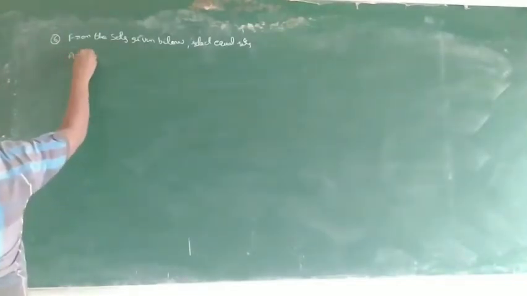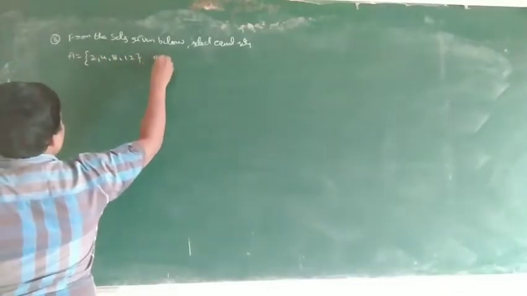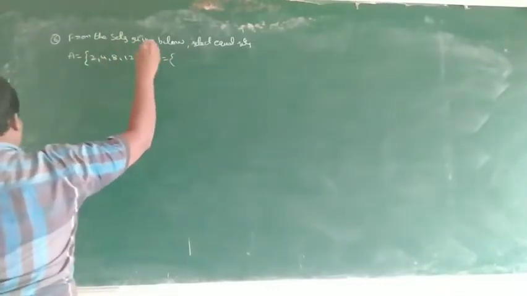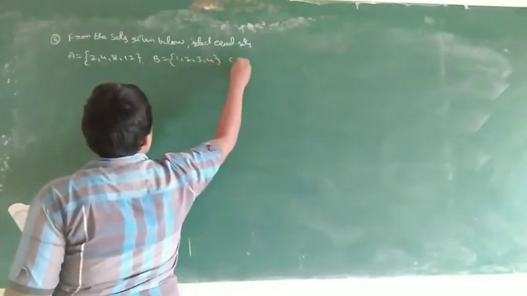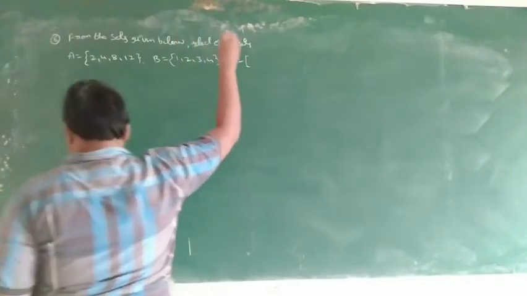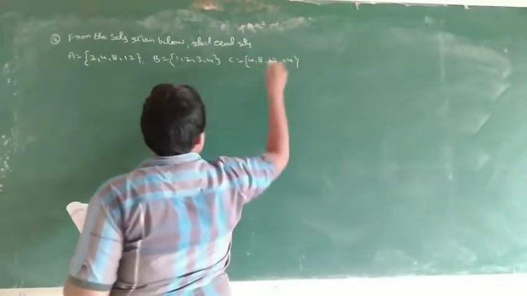What is A? A is equal to {2, 4, 8, 12}. Next, B is equal to {1, 2, 3, 4}. Next, C is equal to {4, 8, 12, 14}.